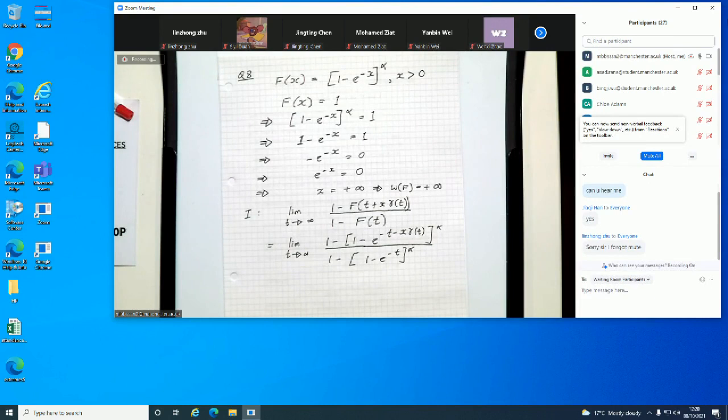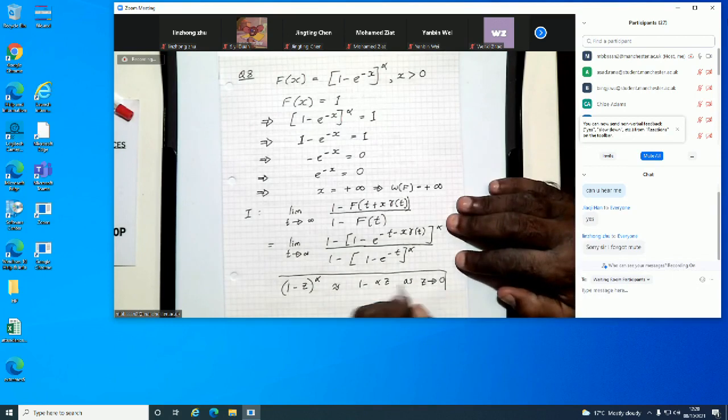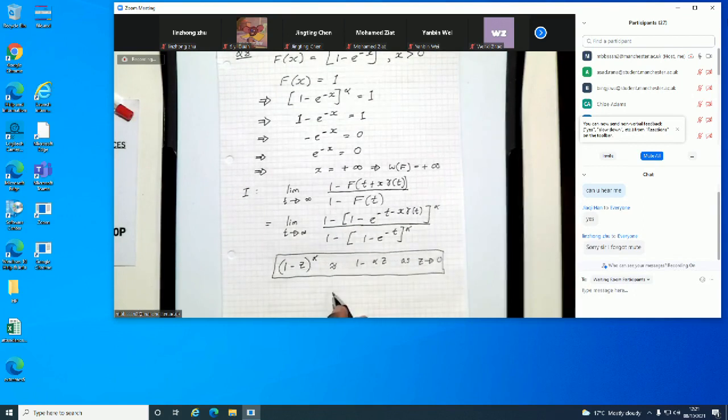Now, one formula, I don't know whether you know this from your math courses that you have taken. Do you guys know this result?